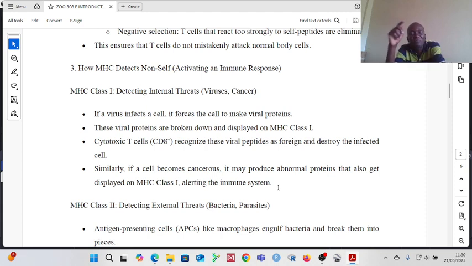Once they are displayed as being abnormal, the immune system will be alerted so that it can come and destroy that cell. Okay? So MHC class 1 deals with internal threats, intracellular proteins. So you are thinking of either a cell that is cancerous or a cell that has been infected by a virus. The proteins are coming from inside that cell.